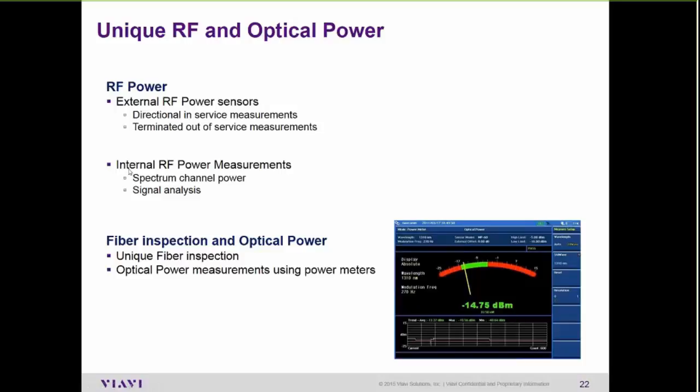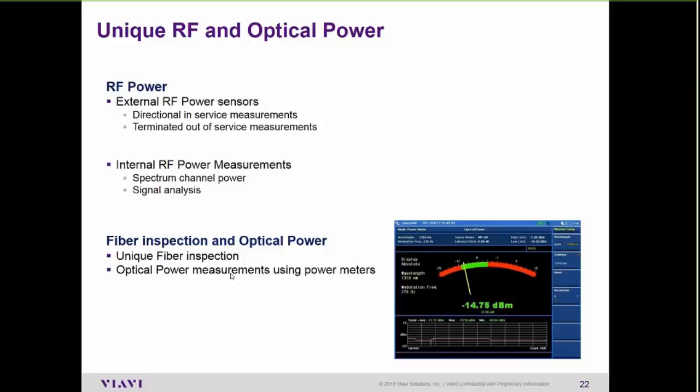So we also have the capability to use an internal RF power measurement, and this just uses the spectrum analyzer measurement. And again, it's based on resolution bandwidth and does some signal analysis in there on the specific type of signal. We also have the capability, and I think with each one of the kits, you also have an optical power meter that allows you to measure optical power on a particular system.